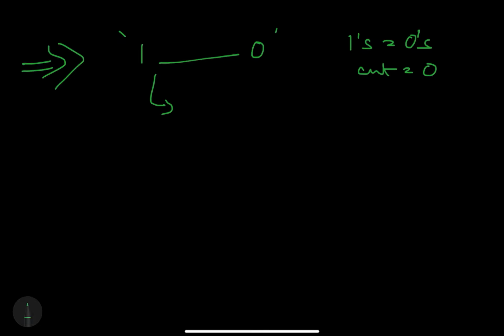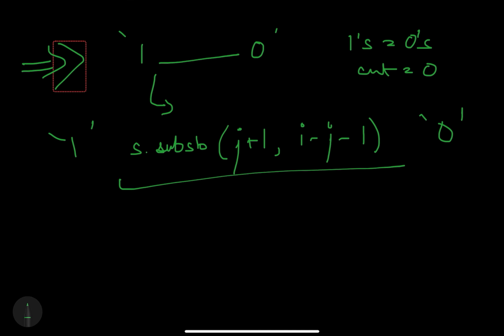And how have we done it? We have written s dot substring from j plus 1 comma i minus j minus 1. Why have we done this? We have removed the outer 1 and 0, and we have only considered the inner ones and zeros.